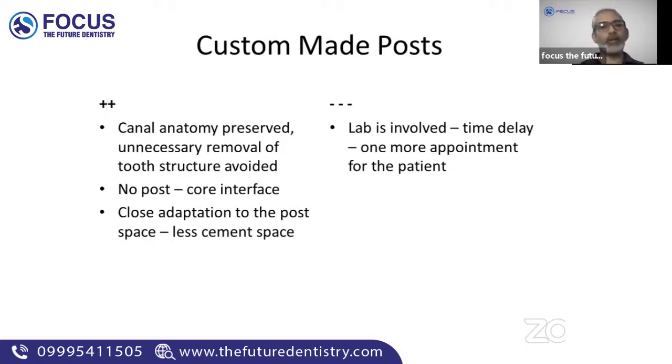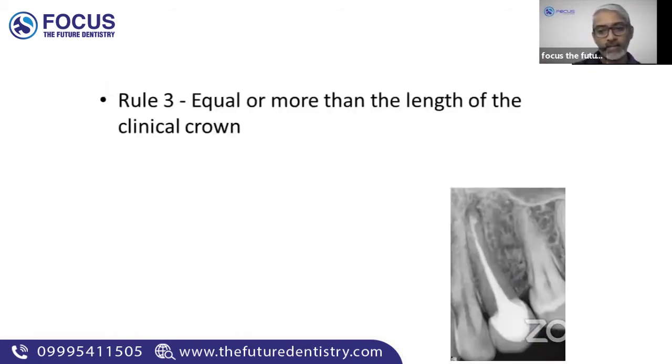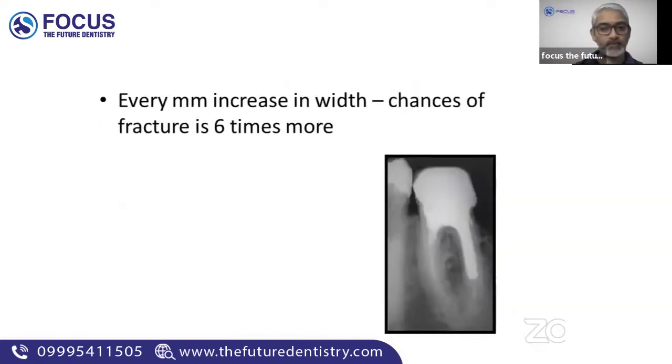And the most important advantage of a custom made post is the close adaptation of the post to the root. If you see this particular radiograph, this is a cast post, and you can see how well it adapts to the anatomy of the root, which you don't get in a prefabricated post.